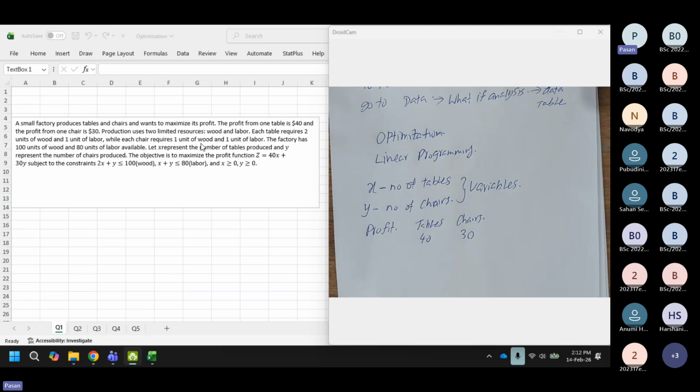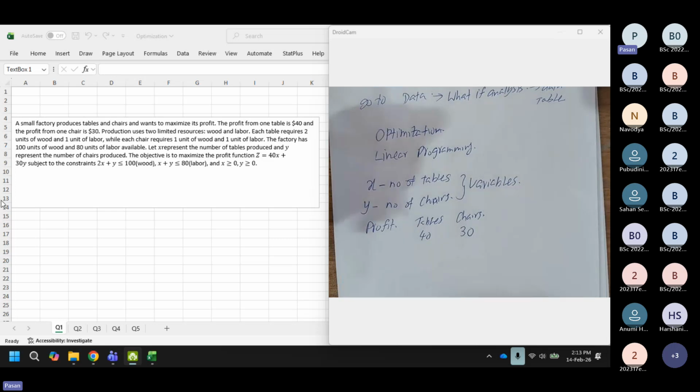So we are thinking of producing only one type of table and one type of chair. To produce each table, we need 2 units of wood and 1 unit of labor, right?